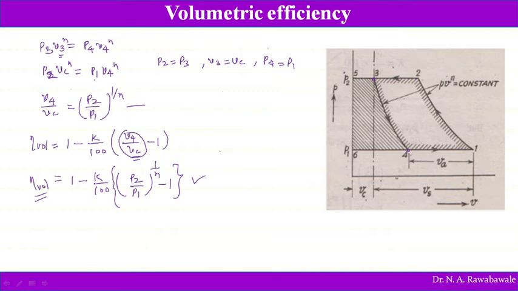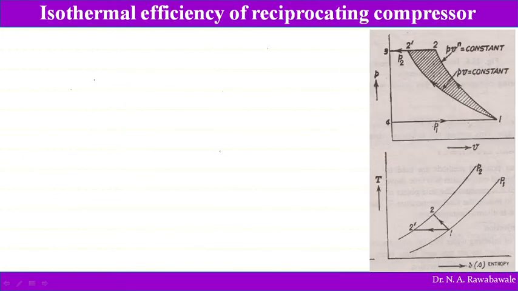So now coming to the next thing, that is isothermal efficiency of a reciprocating compressor. Here on the PV diagram, when we represent the polytropic process and isothermal process, this process 1 to 2 dash is an isothermal process. It is a process during which temperature remains constant, T is equal to constant, and follows the law PV is equal to constant.